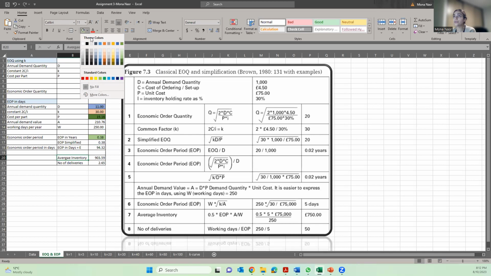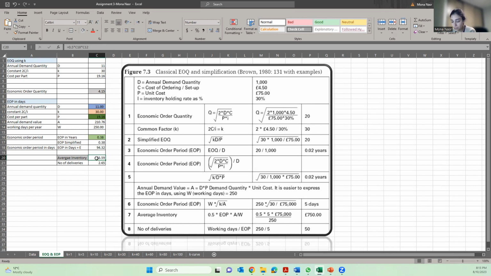Now we need to calculate the average inventory. You can see the formula here and in this picture as well, which is 0.5 times EOP times A divided by W, which is working days.